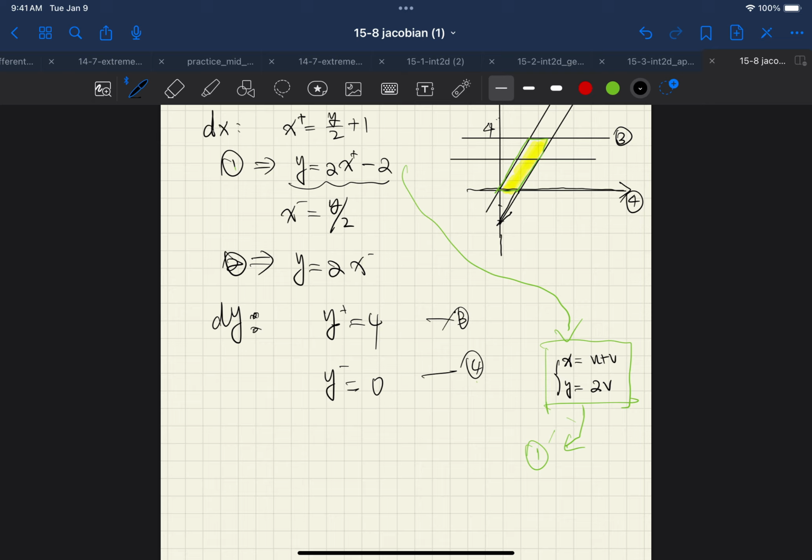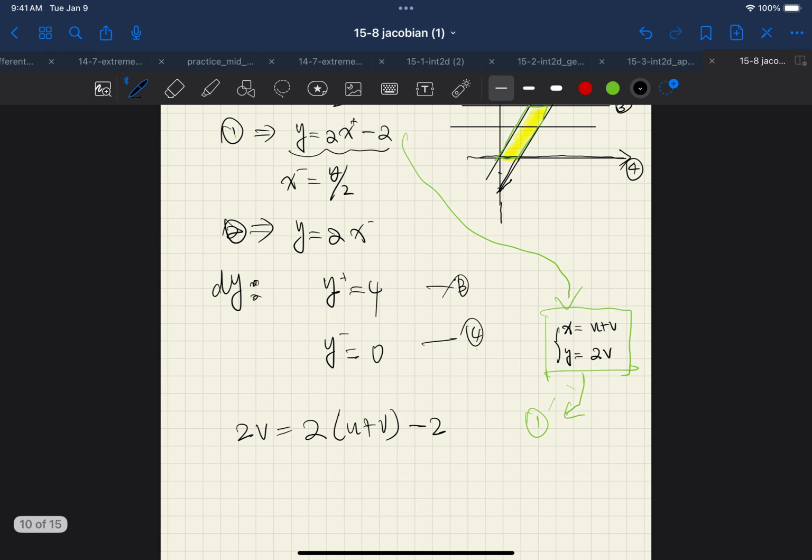It is y is 2v, 2x is u plus v minus 2. So 2v cancels, so it is u equals 1. That's what it looked like. So this is one line.